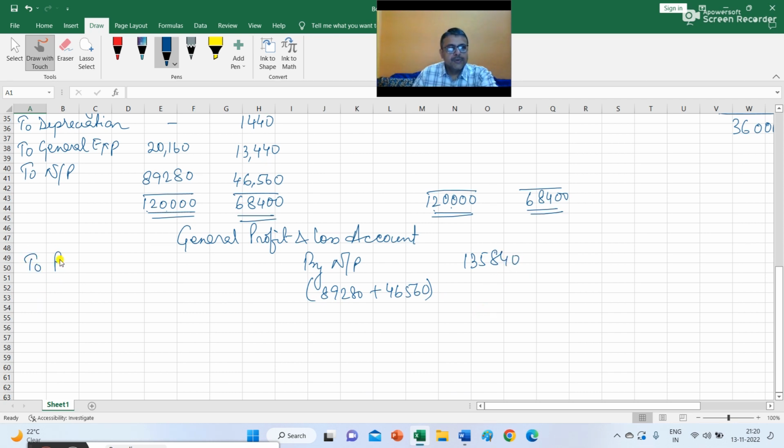So to provision for unrealized profit in stock, 18,600 is the amount of closing stock of Department K that has been transferred by Department O, multiplied with 33 1/3%. This is the GP rate of Department O. So 6,200 is the unrealized profit which is there in the stock.